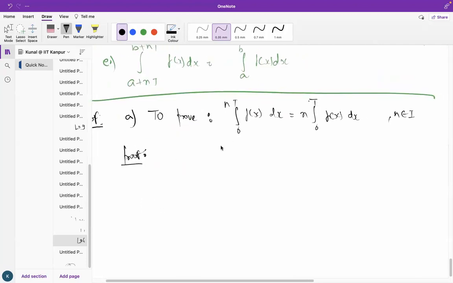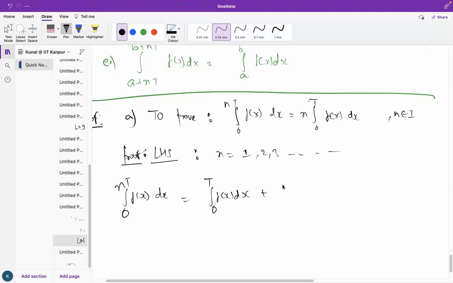First we start from the LHS and write n equal to 1, 2, 3, whatever, just write it here. So what we get is the integral of f(x) dx from 0 to nT is equal to the integral from 0 to T, f(x) dx, plus the integral from T to 2T, f(x) dx, plus the integral from 2T to 3T, f(x) dx, because T is the period.